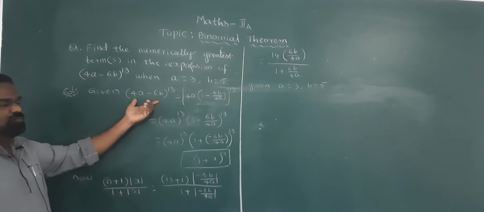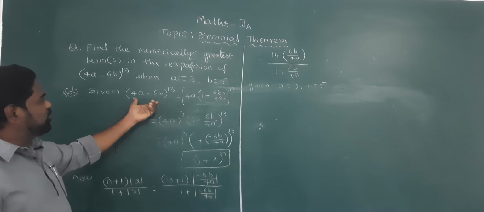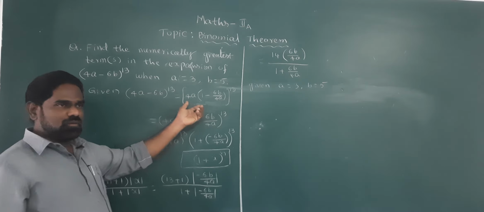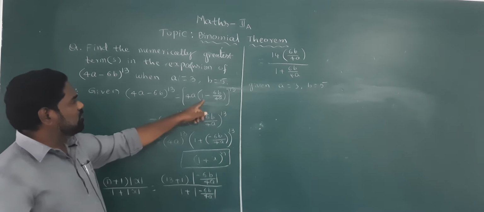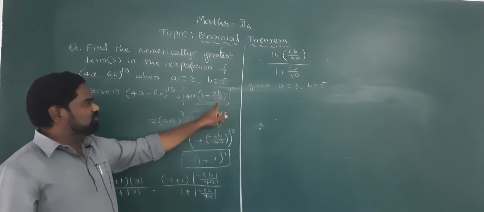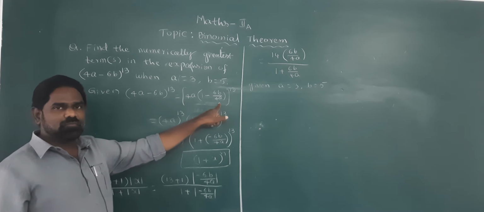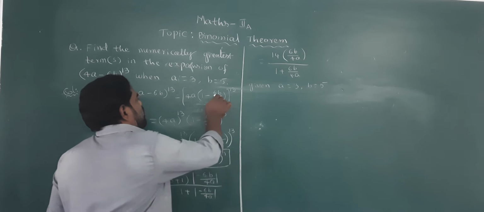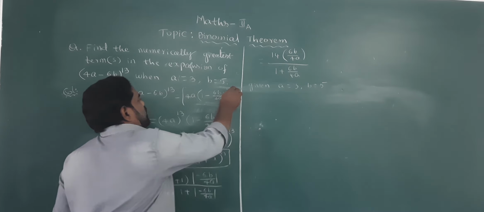This is the given expansion, (4a - 6b)^13. Take 4a common. What will come here? 1 minus, the other term goes to the denominator: 1 - 6b/4a, whole power 13. Understand?